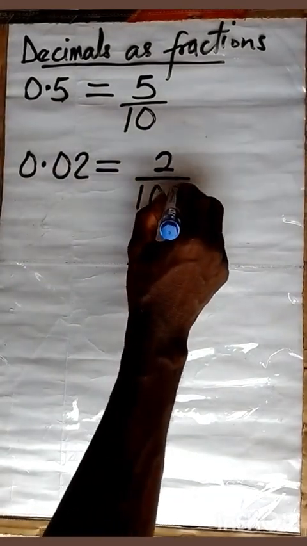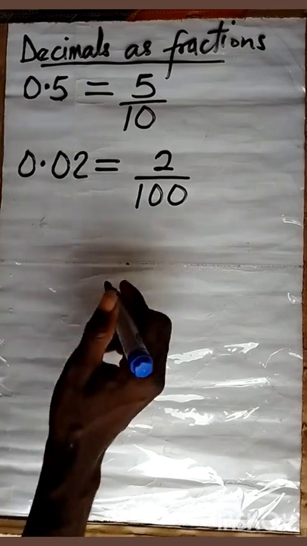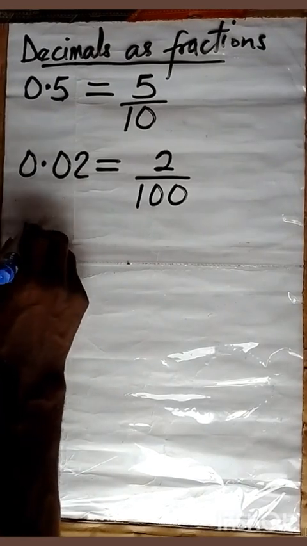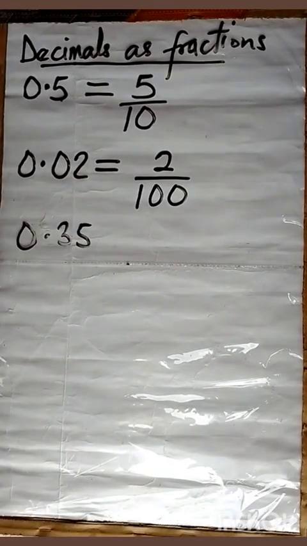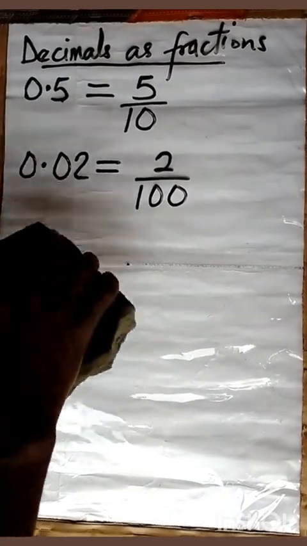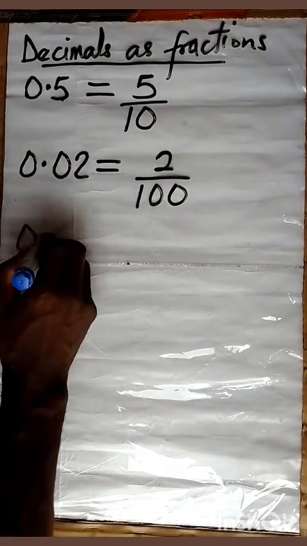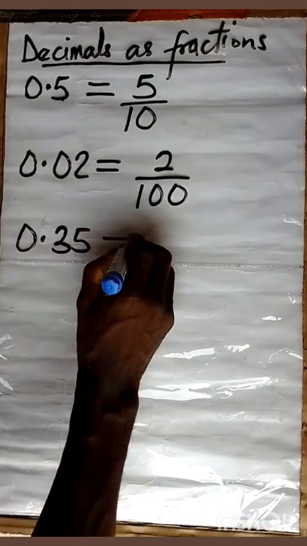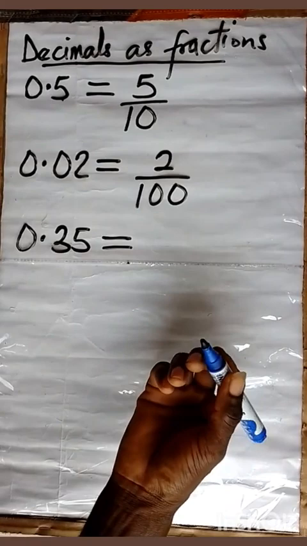Now, if I have 0.35, the number here is 035, which is the same thing as 35.